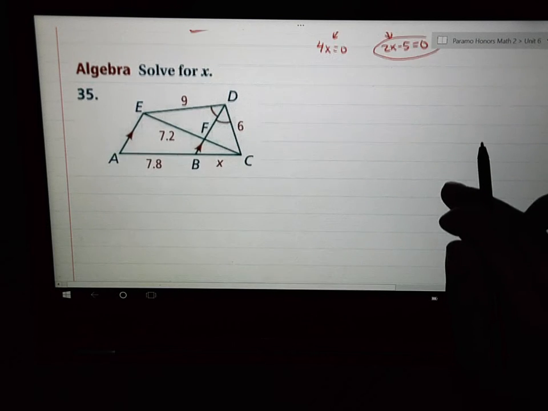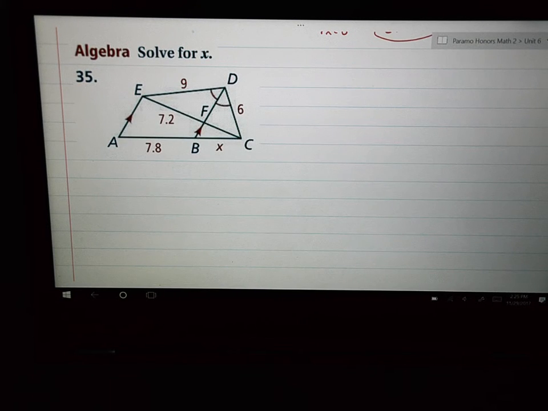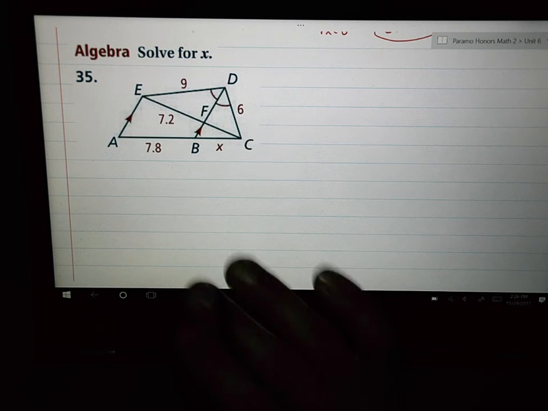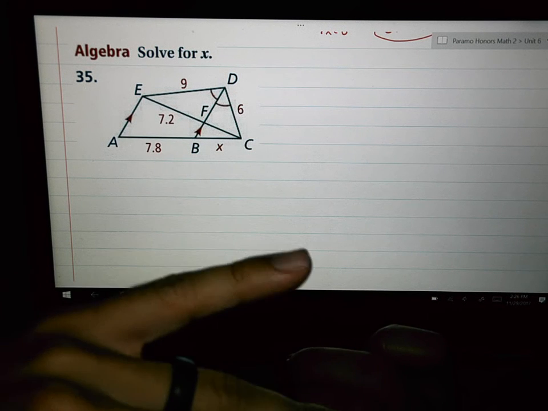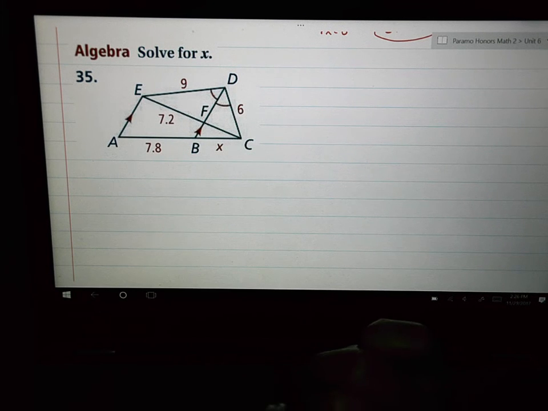Going to our last example, as complicated as it gets. It's 35. In 35, this problem combines the side splitter and the triangle angle bisector theorem.